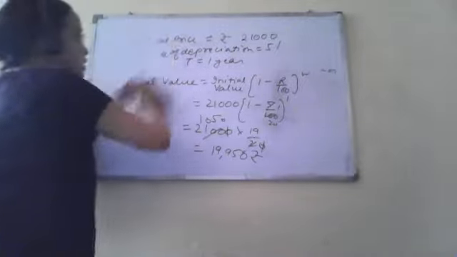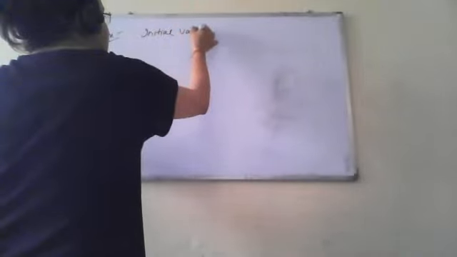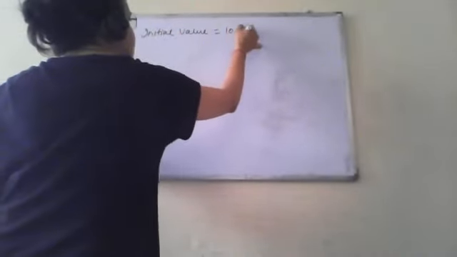So we will take a few more examples. Machinery worth 10,500 is depreciated by 5%, find its value after 1 year. So we will calculate by formula. Its initial value is rupees 10,500.